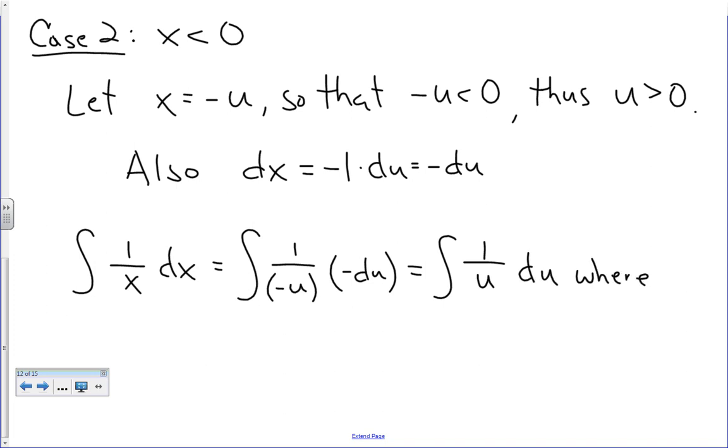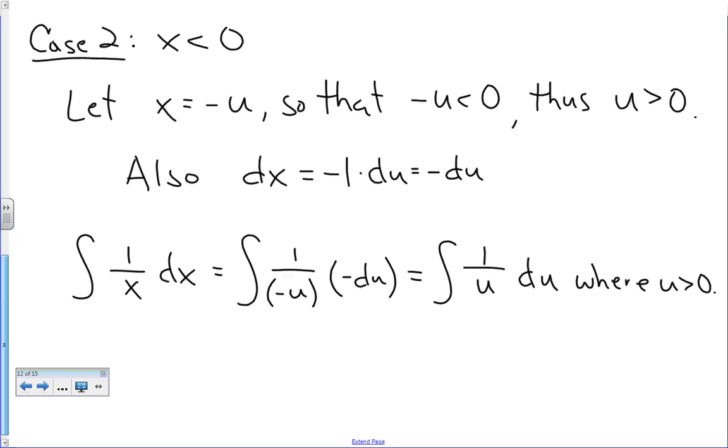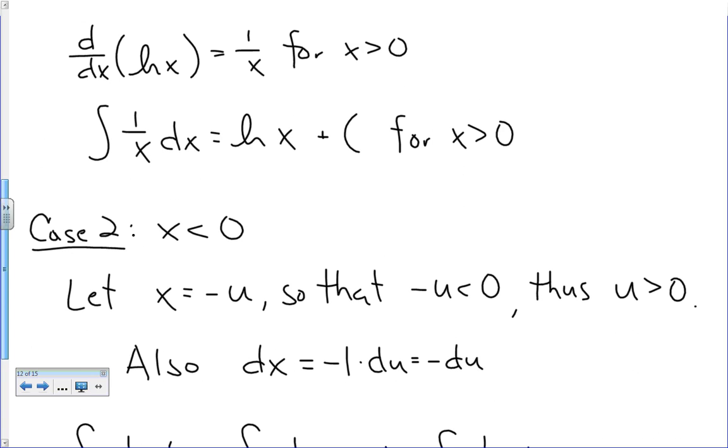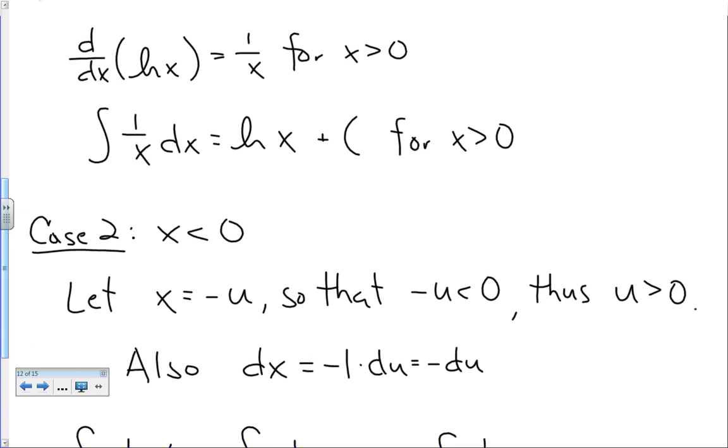Don't forget we've said here that u is greater than 0. So we want to find the indefinite integral of 1 over u du where u is greater than 0. Well, we just set up in case 1 that the integral of 1 over a variable times the differential of that variable, we called it x in this case, is the natural log of that variable plus c for x greater than 0.